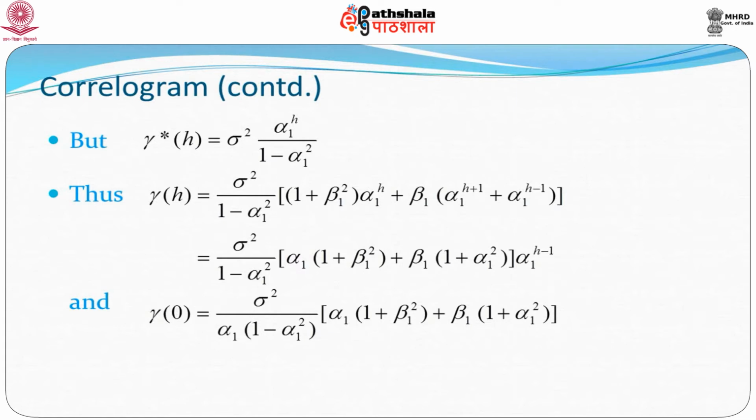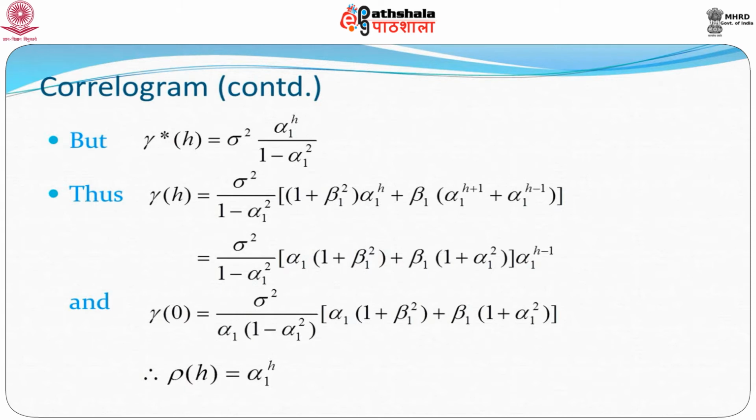And if we take h equal to 0 in the previous equation, remembering that h and minus h have the same impact on gamma, we get 1 plus beta 1 square plus twice beta 1 alpha 1 into sigma square by 1 minus alpha 1 square as the variance. And hence, the autocorrelation comes out to be a term like this.